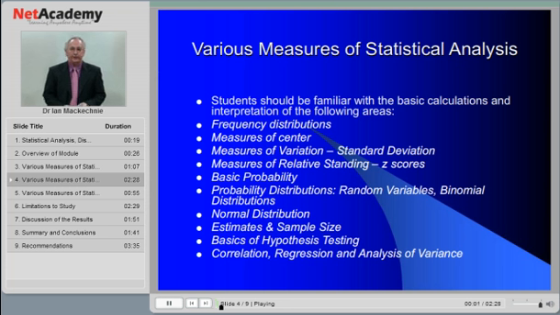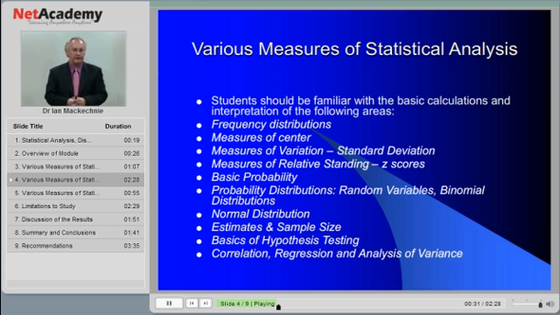We have listed here, however, some of the important measures that students need to look at. They need to be familiar with frequency distributions to understand how data is organised and finding a measure of centre. Averages are always important to know where most of the data lies. So measures of centre and frequency distributions are important basic statistics to be familiar with.